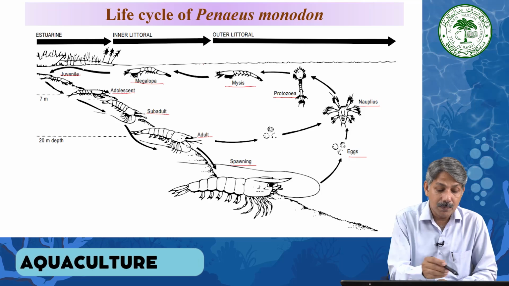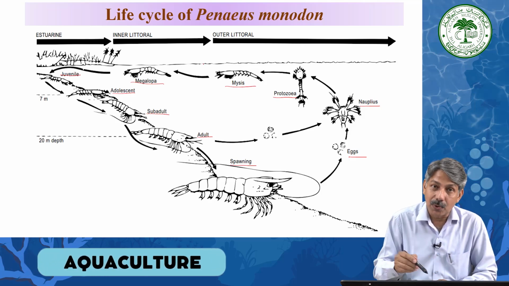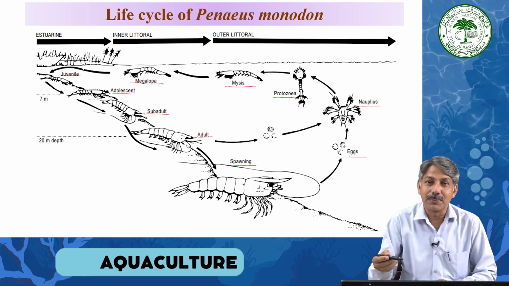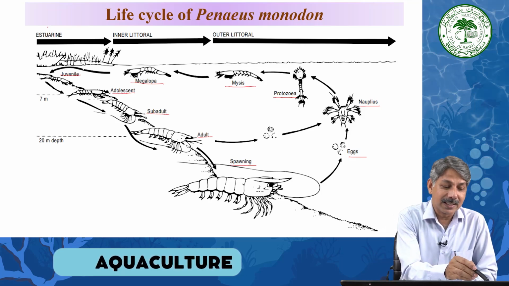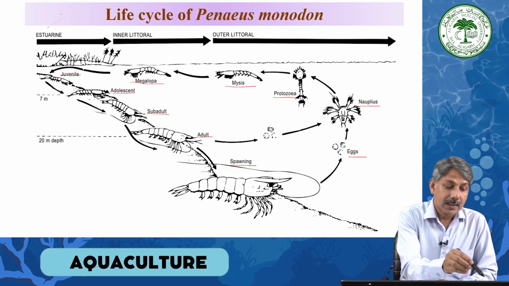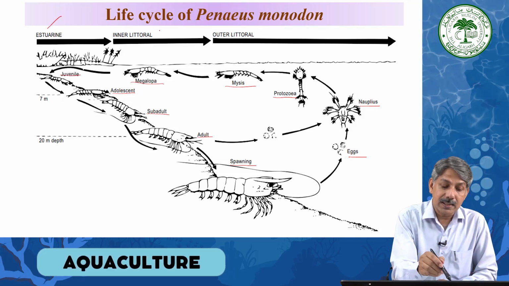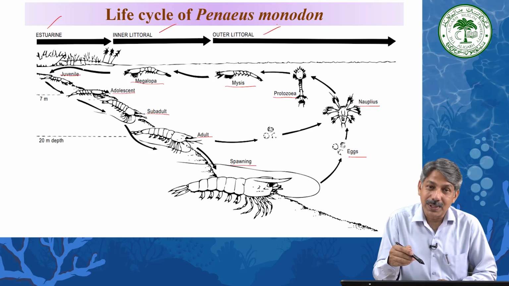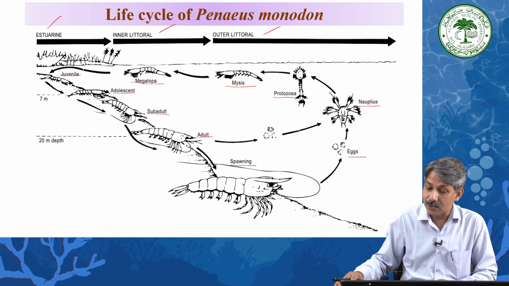So this is how the life cycle of monodon goes on, and the different kinds of environments that we discussed in the beginning, they exploit estuarine, inner littoral as well as outer littoral zones to complete different phases of their life cycle.